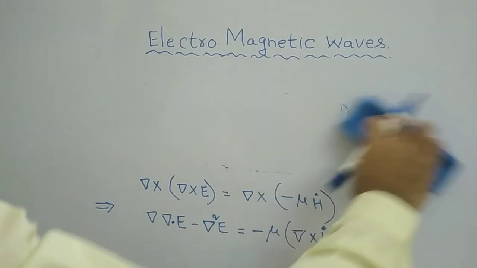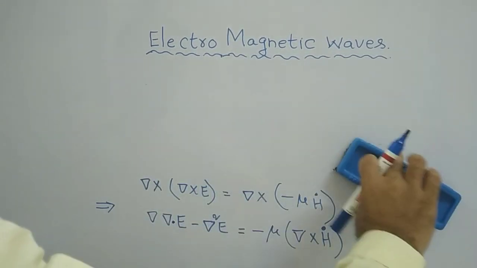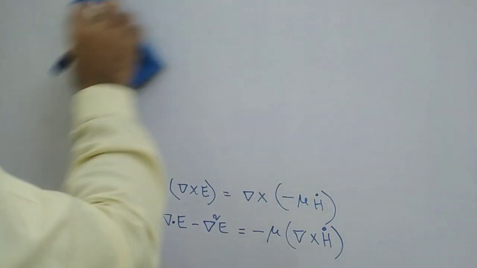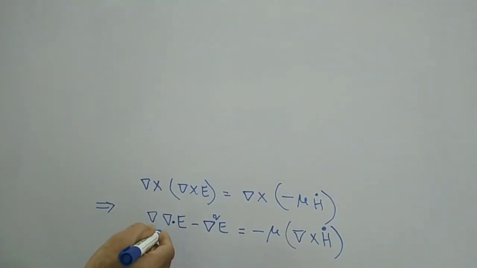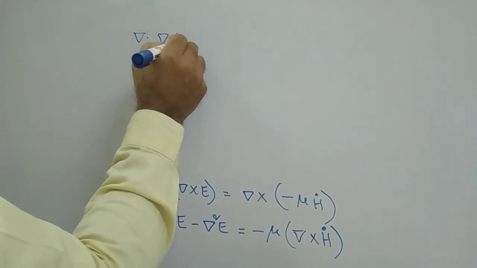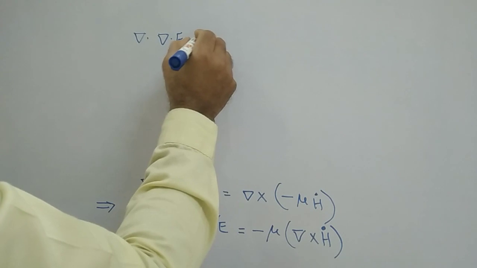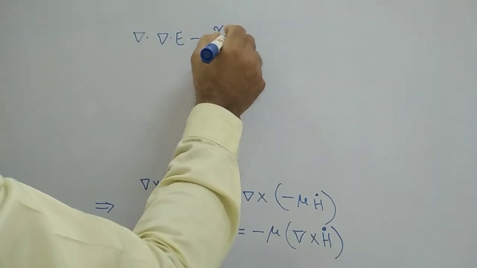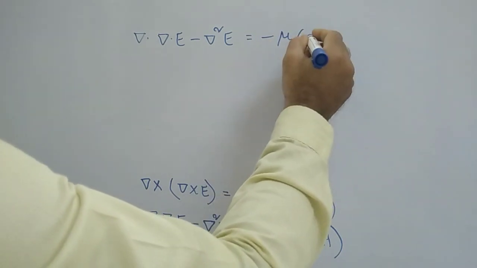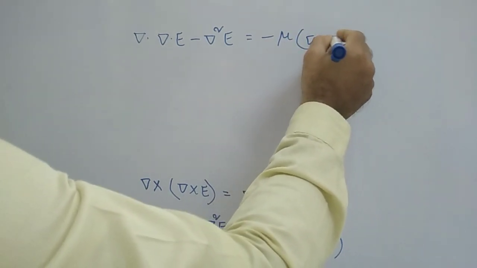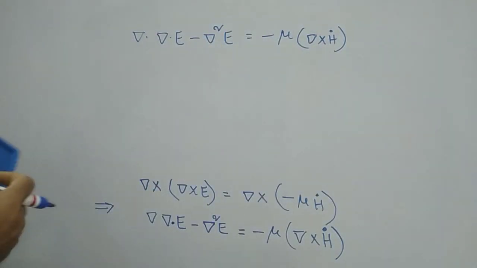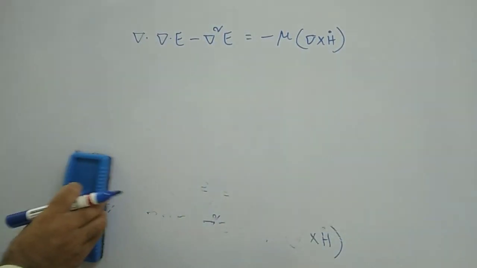So the continuation is: del of del dot E minus del square E is equal to minus mu times del cross H. Clear? So I will erase this, it is not required now.